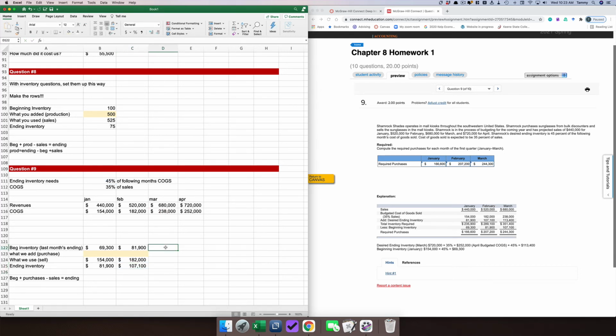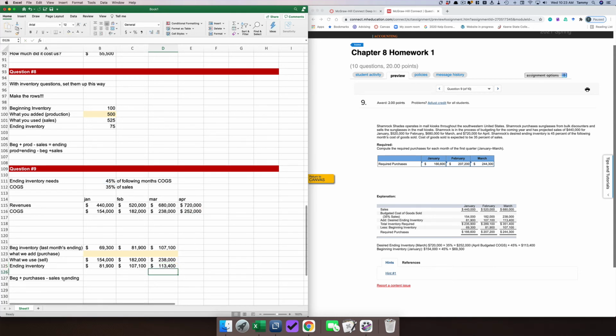And we repeat. At the beginning of March, we start with what we ended February with. We have to figure out what we're purchasing. What we're selling is going to be equal to our cost of goods sold for March. And what we have to have for ending inventory is going to be the same, 45% of April's cost of goods sold. Now we have everything we need.